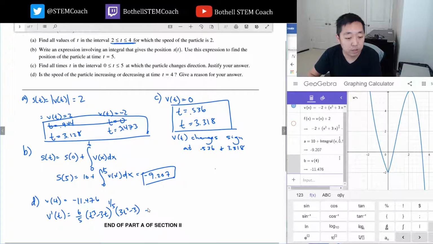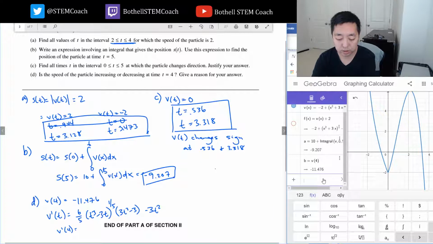Okay? So that's the derivative, and then I want to plug in the derivative at 4. So let's just plug that in. 6/5 times 4 cubed minus 3 times 4, raised to the 1/5.